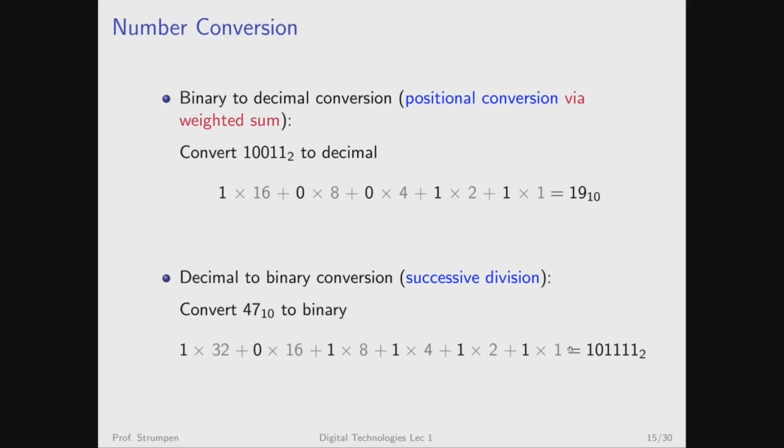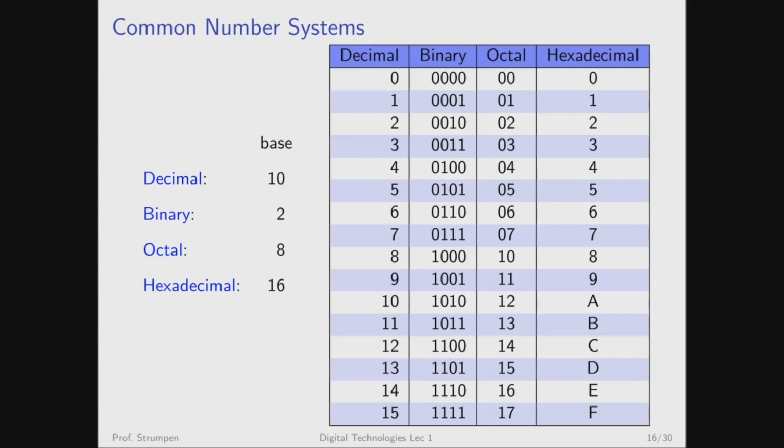Except when I'm looking at these weighted sums, where I'm always assuming that things are decimal. All right. So you can use positional conversion and successive division to go between not only binary and decimal, but also other bases for number systems.